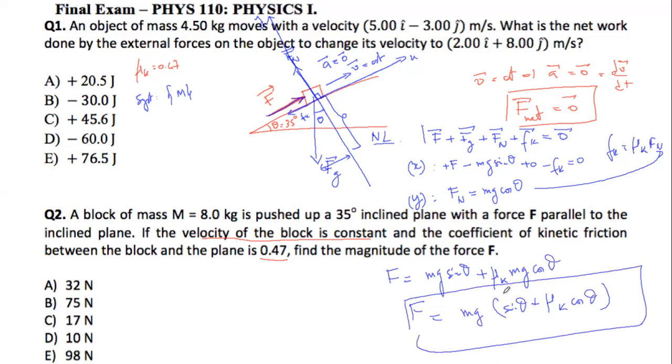You put the numbers. Here you see the m, I call it capital M. Capital M or small m, it's the same, 8 kilograms. You do the calculation and you will get a force of 75 Newton. Next.